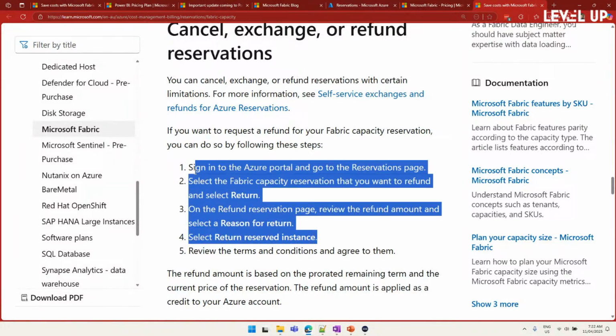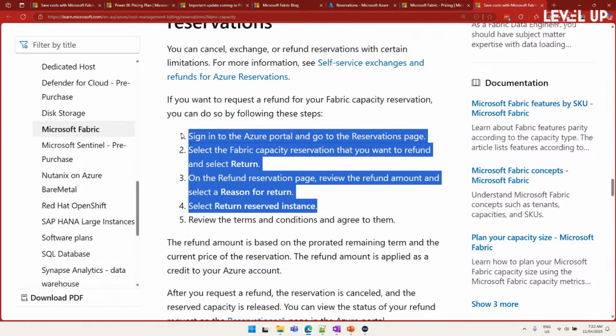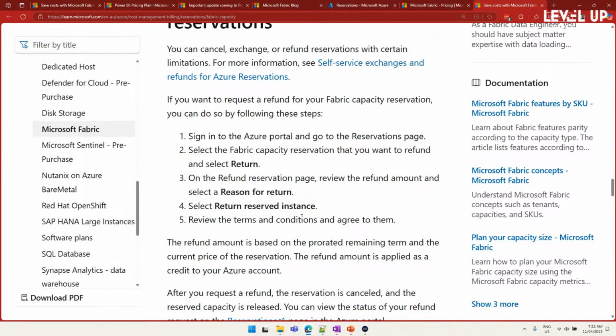They are quite flexible on canceling the reservations, but make sure you look at the terms and conditions, because in many cases they might say that they give you a percentage return or similar situations like that. I haven't seen that happening.